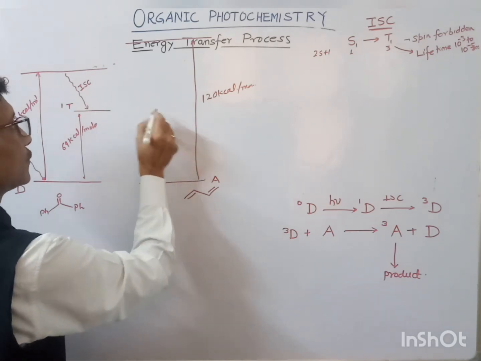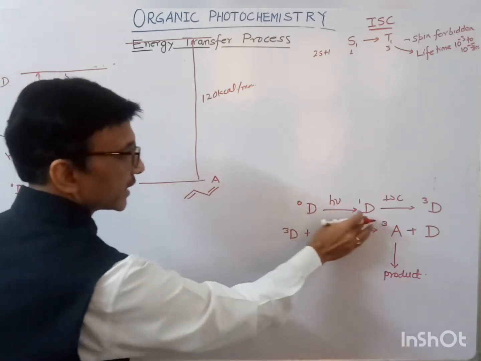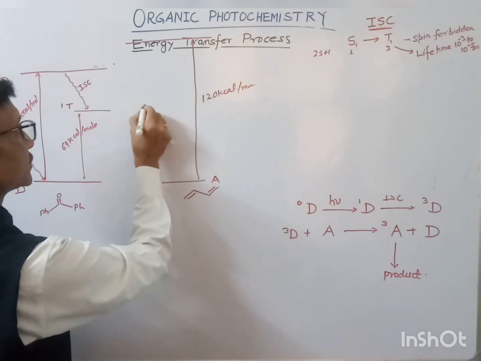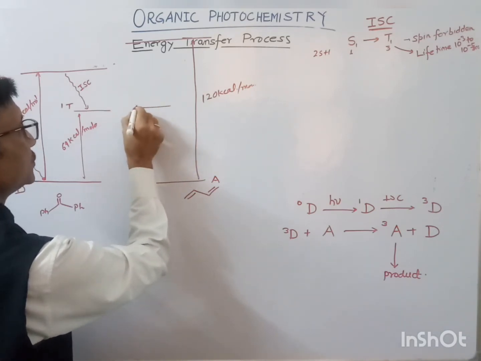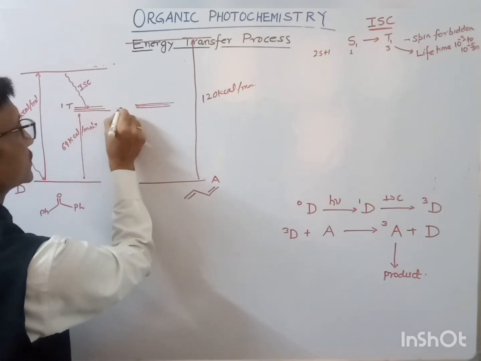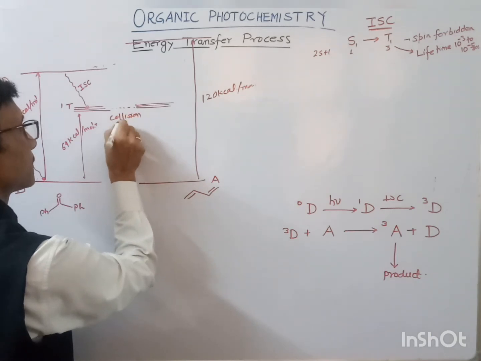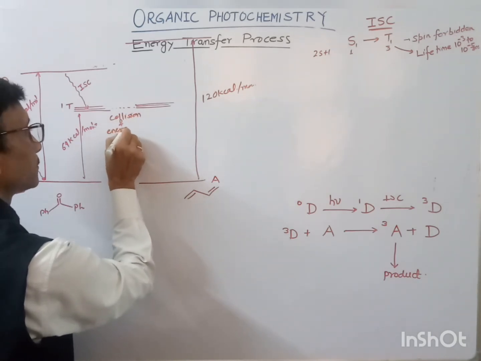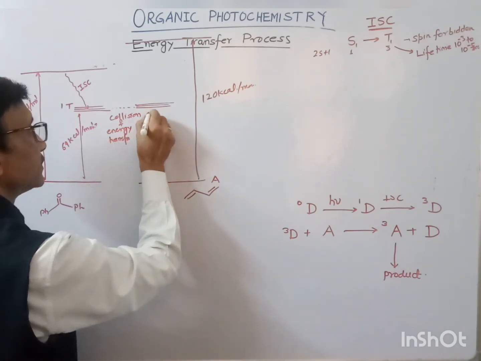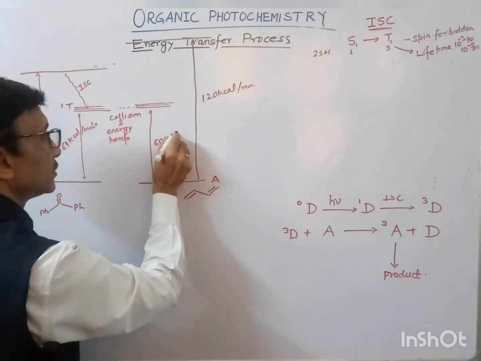In the presence of the donor molecule, after getting excited, it will interact with the acceptor molecule, and during interaction the energy transfer will take place. So as you can see, collision and energy transfer will take place, and this energy gap is around 60 kilocalorie per mole.